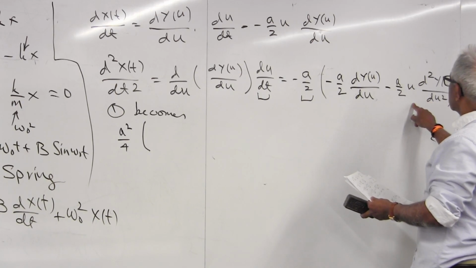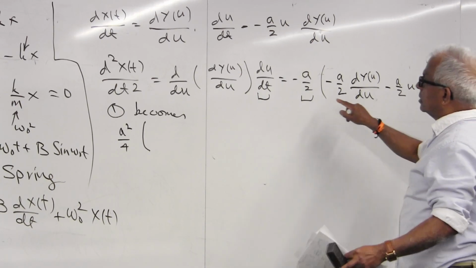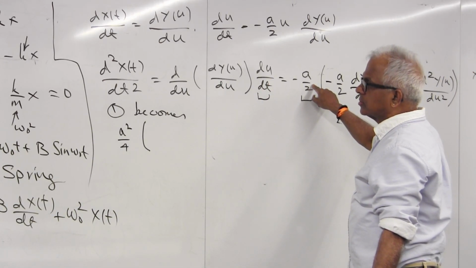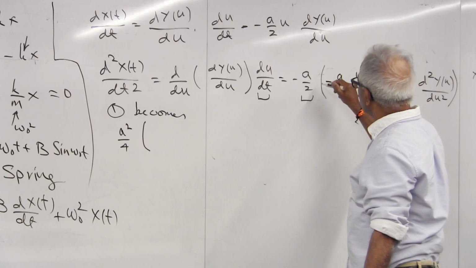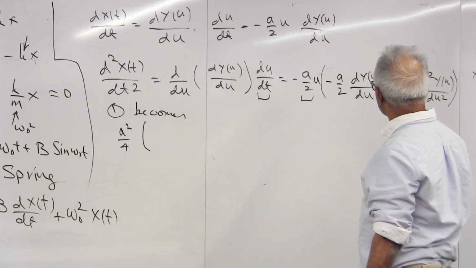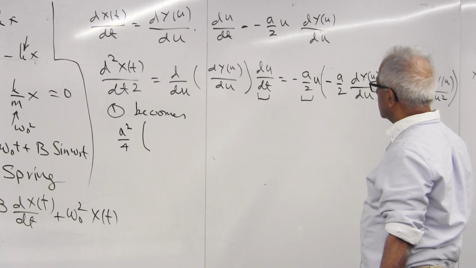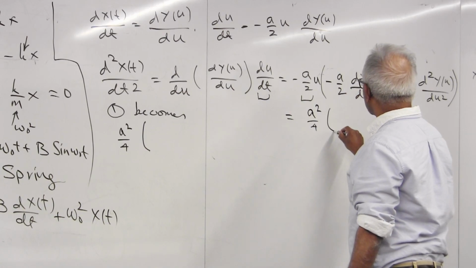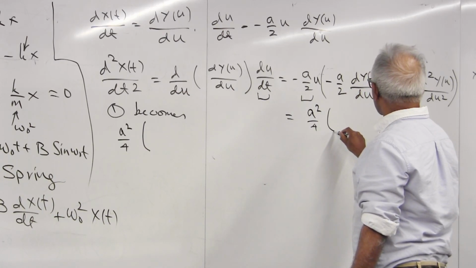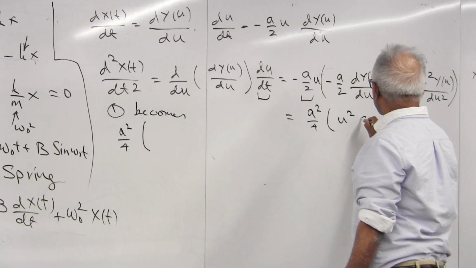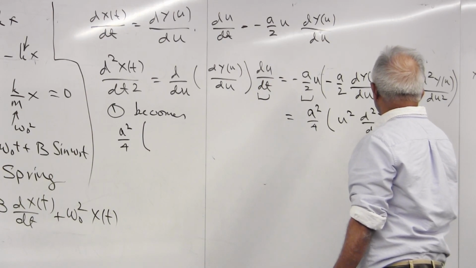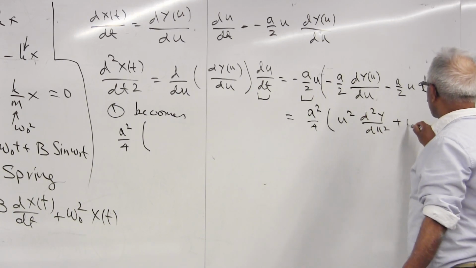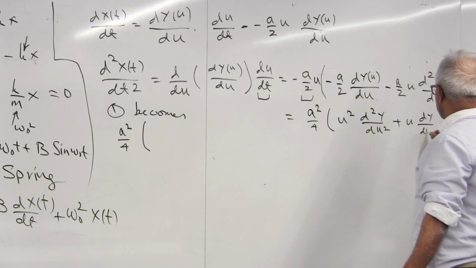Oh, multiplied by du by dt, I didn't copy this well. My du by dt is minus a by 2 u, there is a u here, that's what I was looking. So if you simplify, this becomes a squared by 4 then u squared d squared y by du squared plus u squared here, u dy by du.